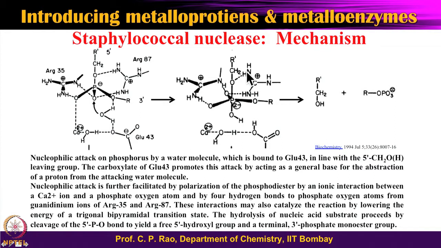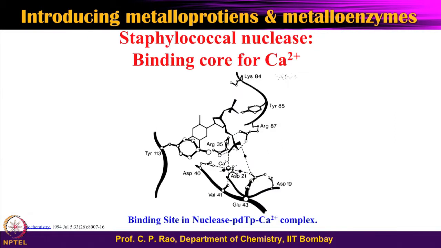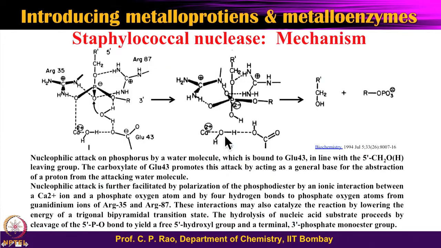So, you have seen in the previous slide that this is the nucleotide part which is attached over here, and this is very clearly the region of interest. So, in the region of interest, this is your calcium, and this is the phosphate, and this is the phosphate with the sugar connectivity, and it is this one which gets hydrolyzed.